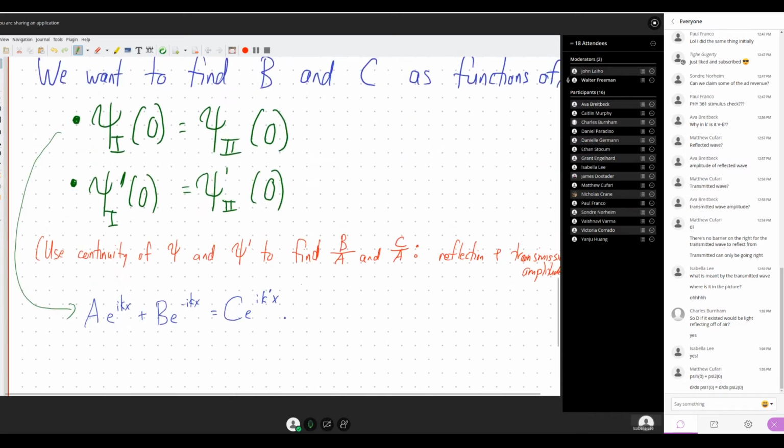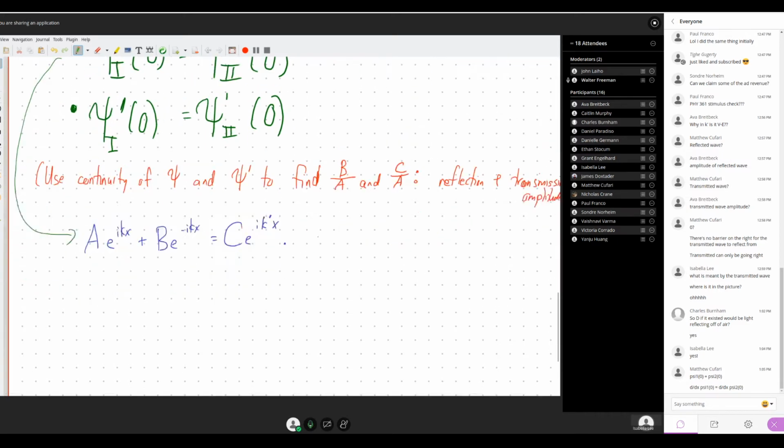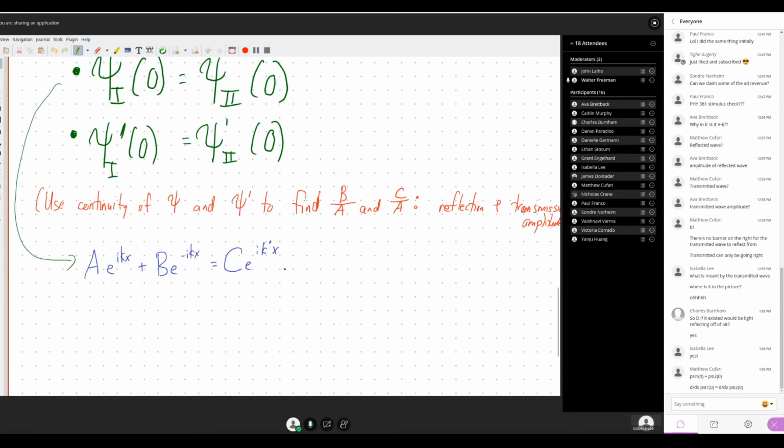And then I'm also supposed to do this, but where I take derivatives of both sides. Now, the derivative of e to the ikx is ik e to the ikx, right?